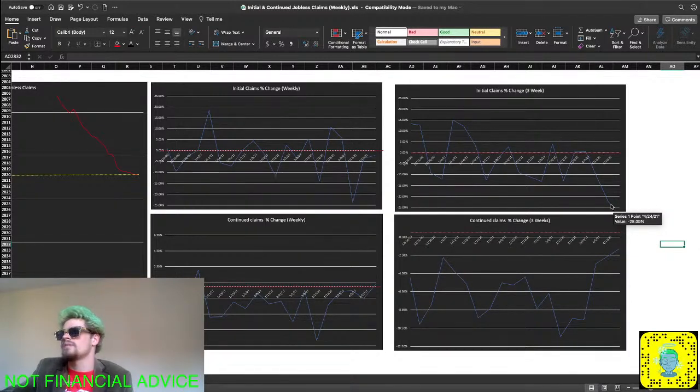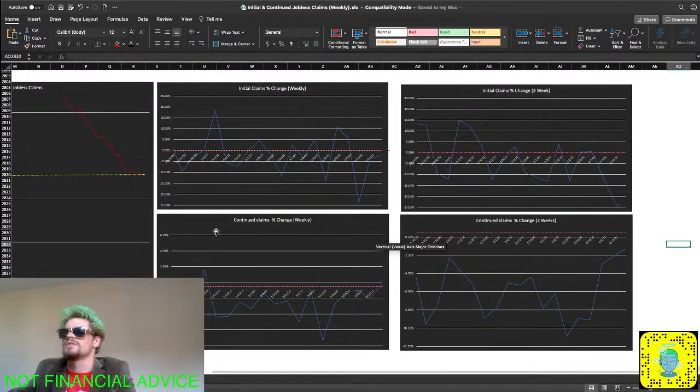There's 28% less people initially filing for unemployment insurance this most recent week than there was 3 weeks ago. That's a very big change.